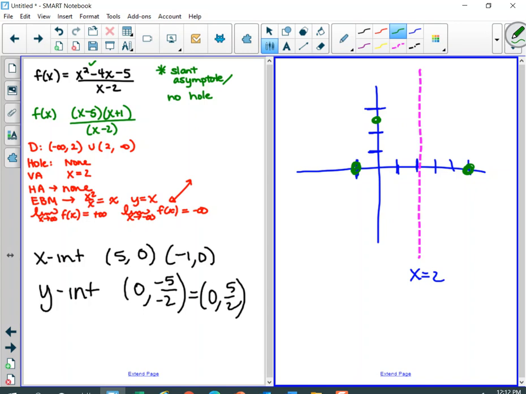Okay. Now, when I connect these two, I should be kind of heading up and that way with some kind of a slant happening.